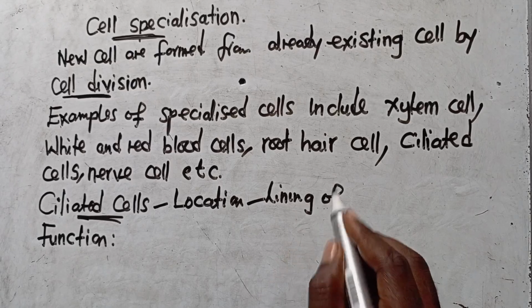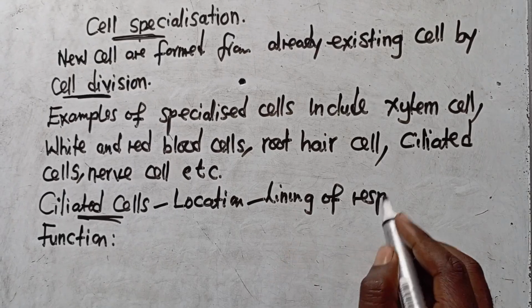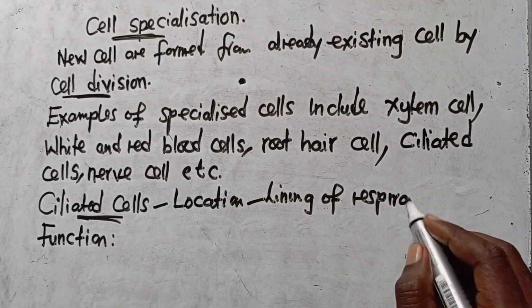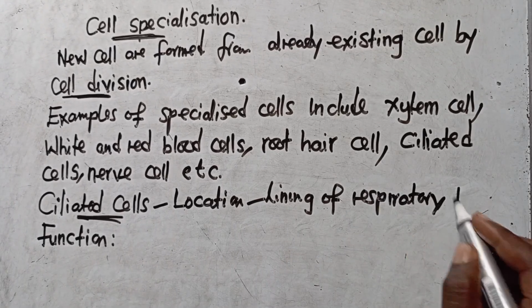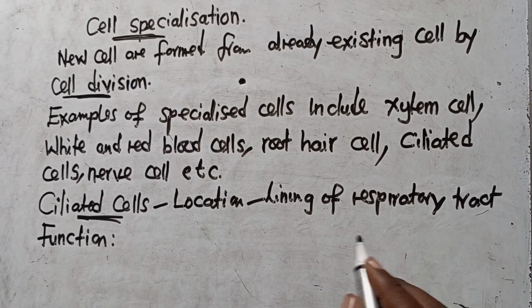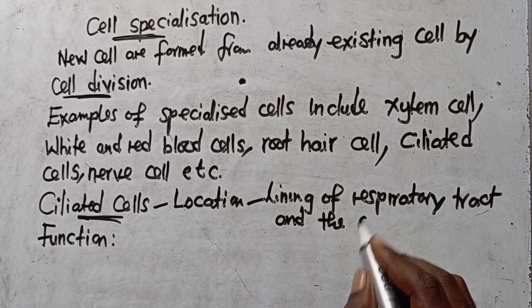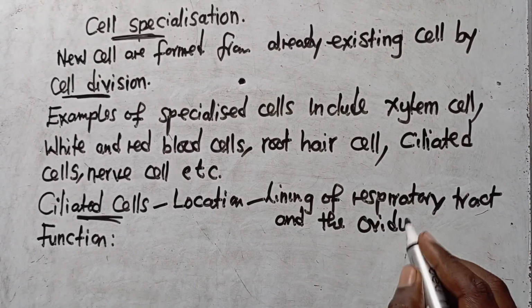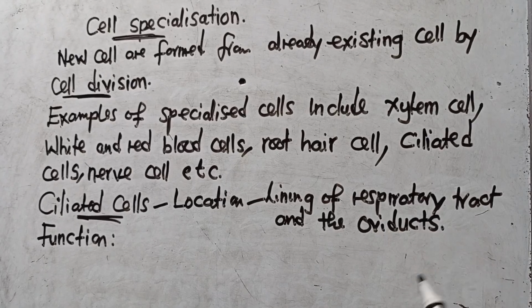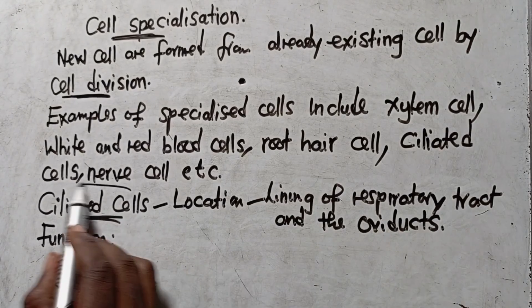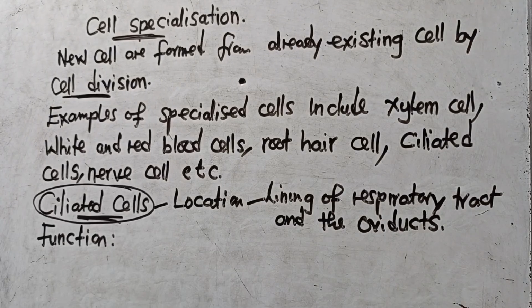In the lining of the respiratory tract, and the oviduct. This is what you are supposed to know. This is where we get to find the ciliated cells: in the lining of the respiratory tract and the oviduct.